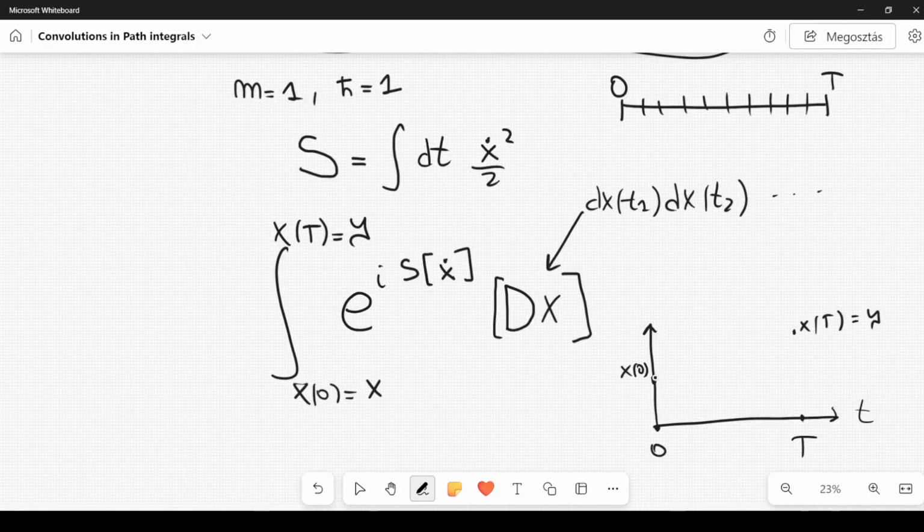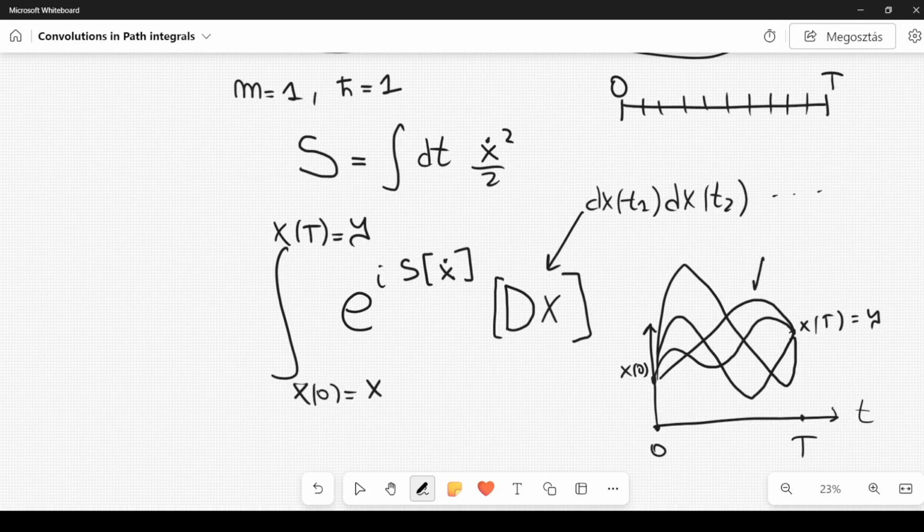The path integral focuses on all the possible trajectories that take me from this value to this, and all the possible paths, if you think about it, are infinitely many. So there is an infinite amount of them, but the path integral formulation of quantum mechanics tells me that some paths are more likely than others.